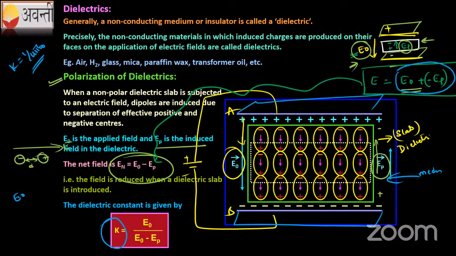Does it decrease or increase? Tell me, when I introduce a dielectric material inside it, is the electric field decreasing or increasing? I got one response. I'm expecting this from everyone. The original electric field was this, and between the two another electric field came in the opposite direction, so it should become somewhat less, correct? Meaning it decreases. It is a ratio of the original electric field to the net electric field. How much it has decreased, correct? E naught minus EP. This value gives the value of the dielectric constant K. Is that clear?